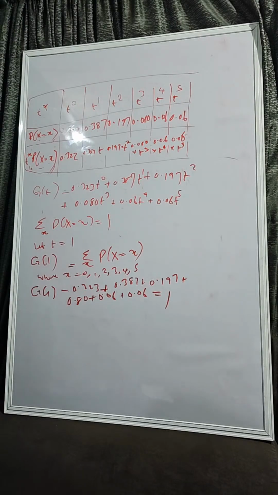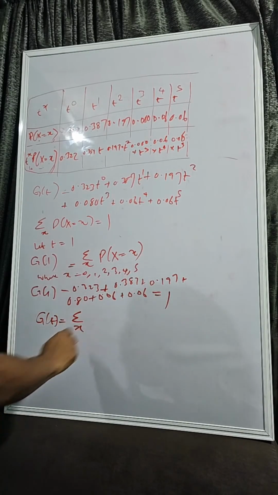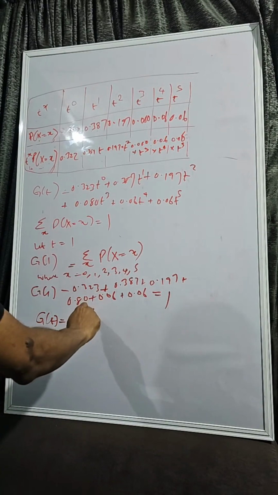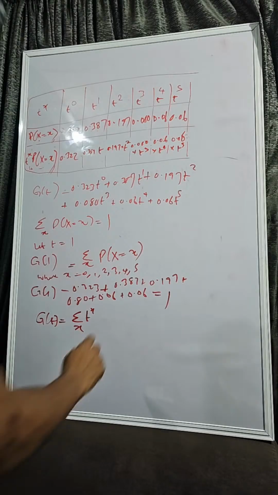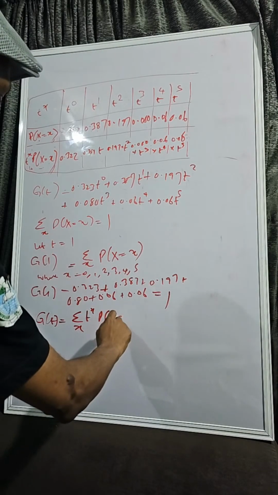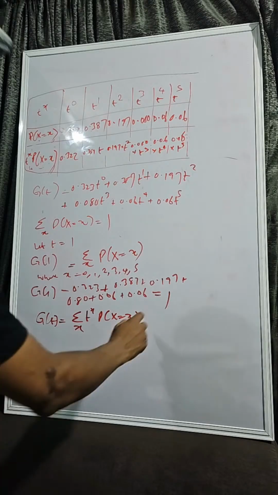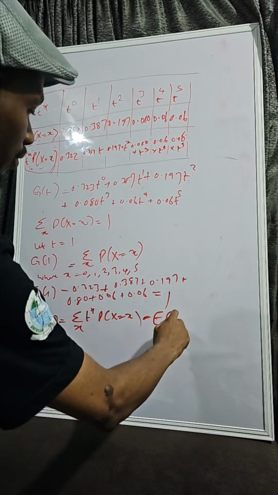So before we move into question solving, you will notice that G of t is equals to what? Summation of probability of, have I written this already? I think so. T of x, p x equals s, which we have shown in our table, which is the same thing as the expectation of t of x.